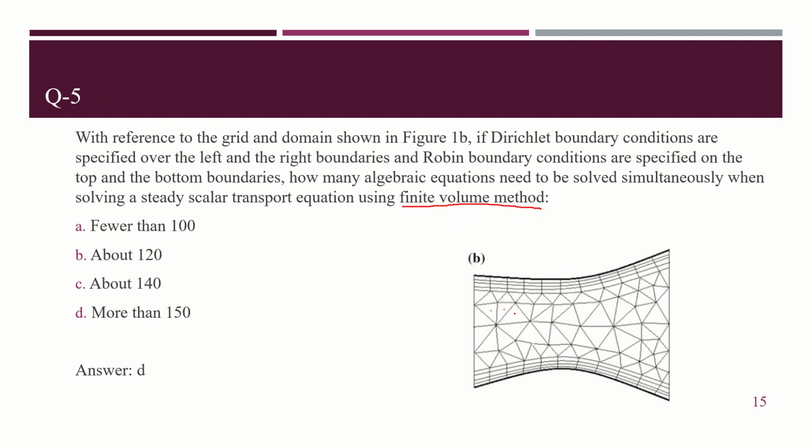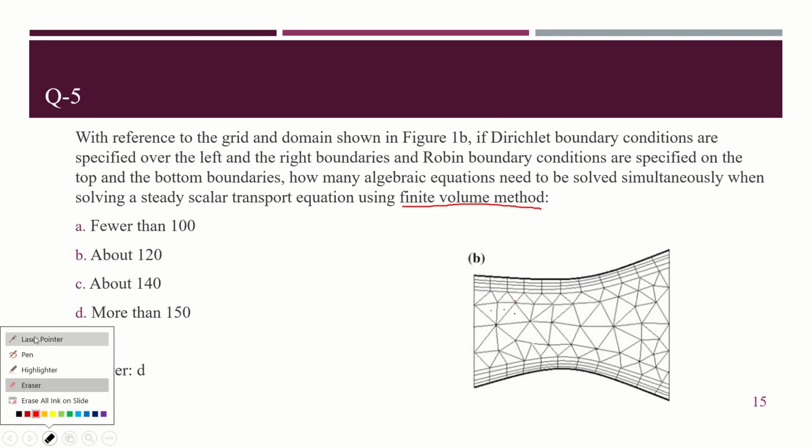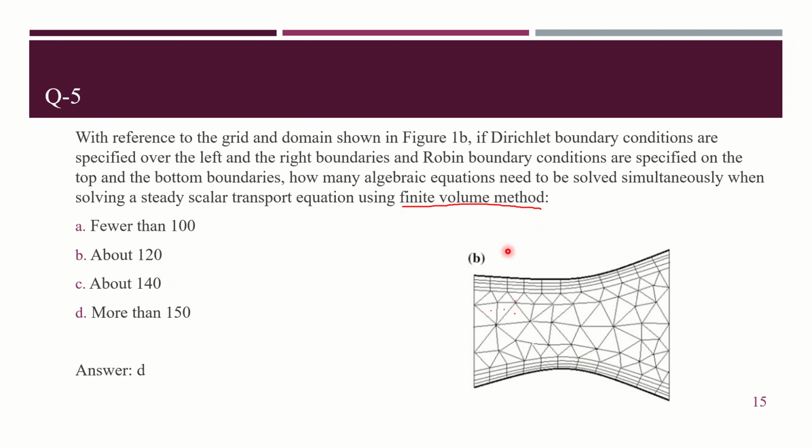In the finite difference method, however, we are solving at the grid vertices. But in the finite volume method, we solve the equations at the cell center. So here we need to identify how many cells there are. Only then can we say how many equations we need to solve.